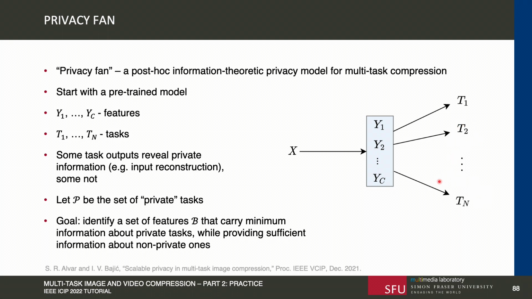Others outside of this set are considered to be non-private tasks. The goal here is to identify a set of features that carry minimum information about private tasks while providing sufficient information about non-private tasks.